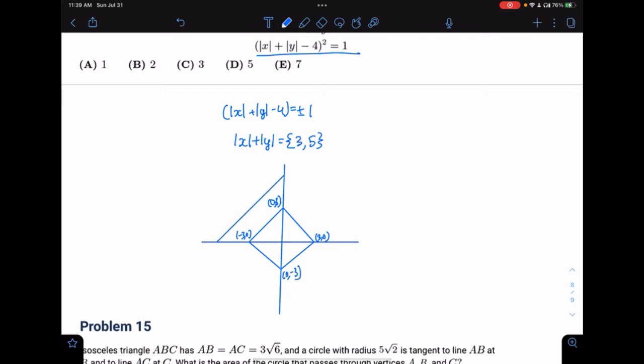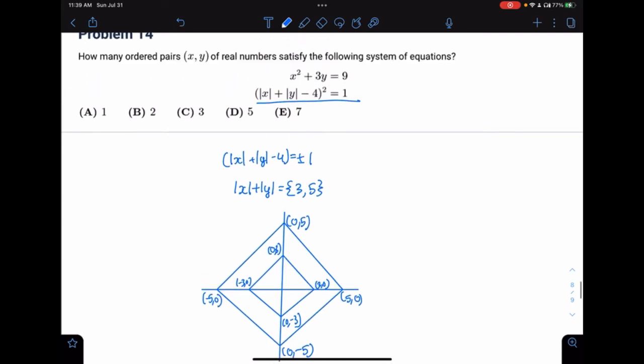In the same way, if absolute value of x plus absolute value of y is equal to 5, we'll have a bigger diamond with vertices (0, -5), (5, 0), (0, 5), and (-5, 0). Now let's take the graph for our first equation.